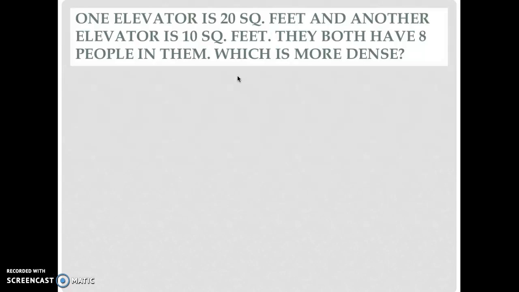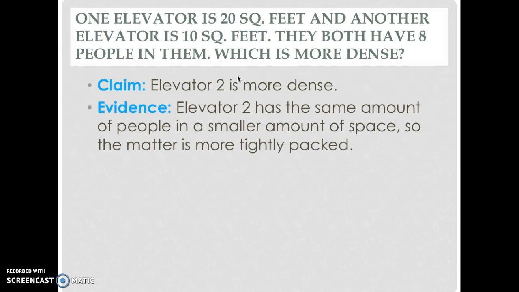Okay. Now, second example. One elevator is 20 square feet and another elevator is 10 square feet. They both have 8 people in them. Which is more dense? I think you have understood. Claim: elevator 2 is more dense. Evidence: elevator 2 has the same amount of people in a smaller amount of space, so the matter is more tightly packed.